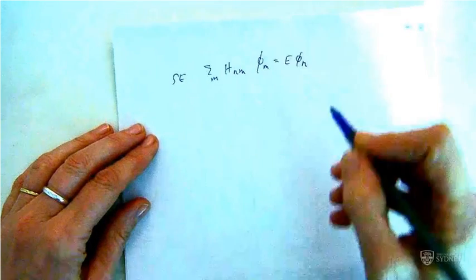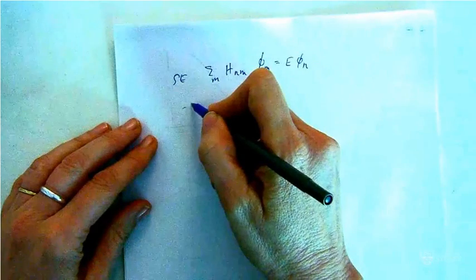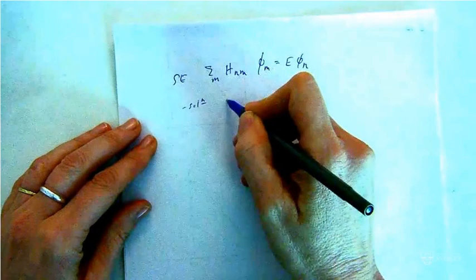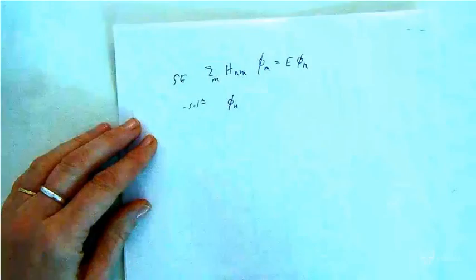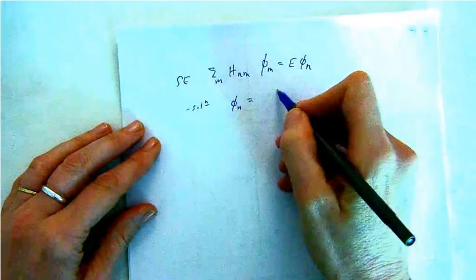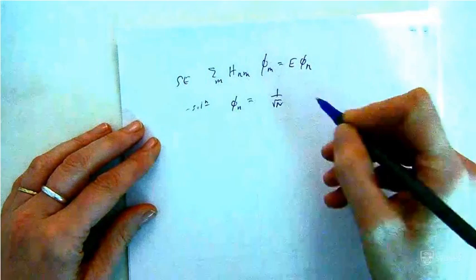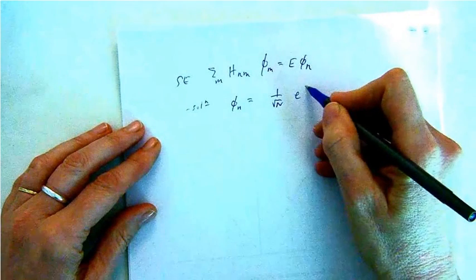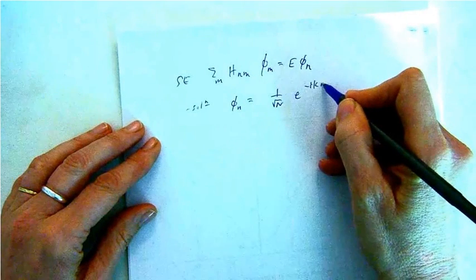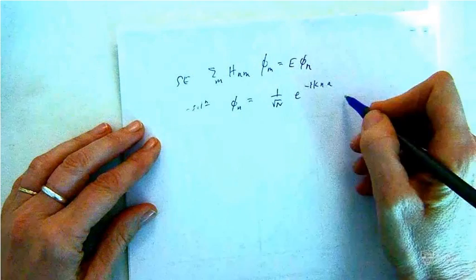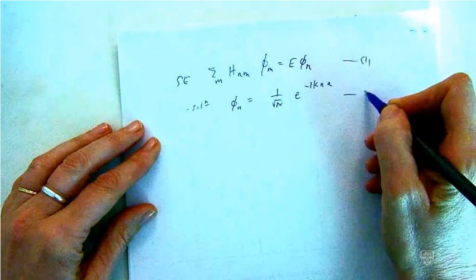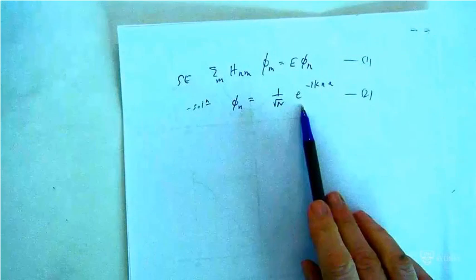And we're going to try solutions. These phi are going to have the form normalized, and then just e to the minus i k n a. Call this 1, call this 2. So very simple kind of wave functions.